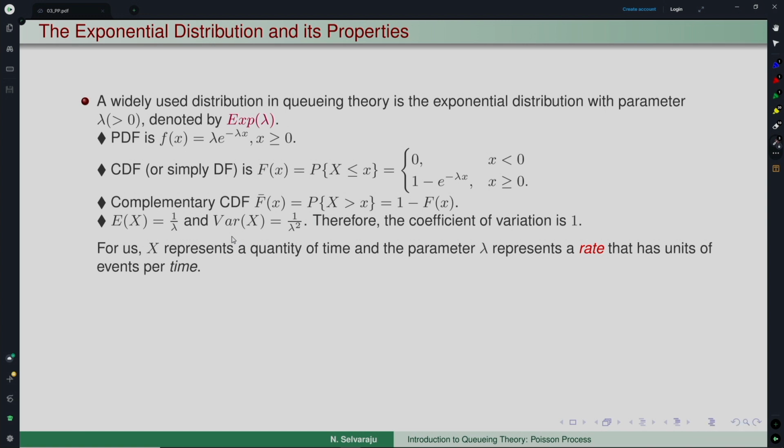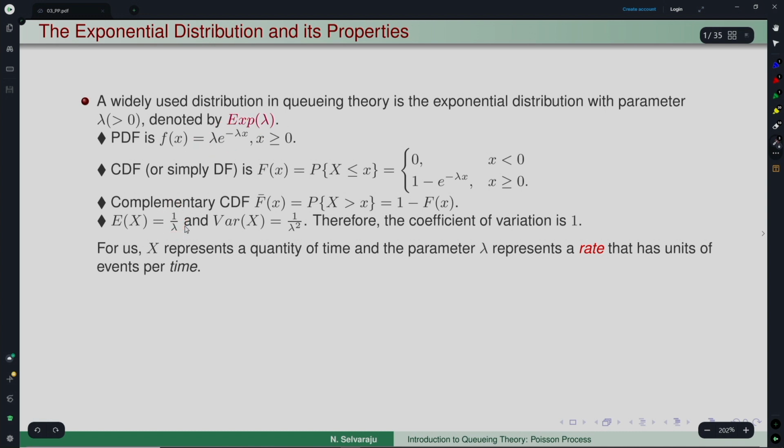Sometimes, to make it a little clearer, in the general context it will be written as exponential distribution with mean 1 by lambda. By this we mean its support is 0 to infinity and the form is this; then only you will get mean 1 by lambda.